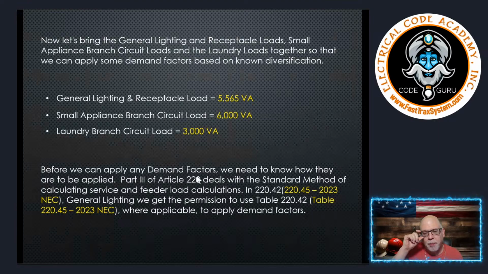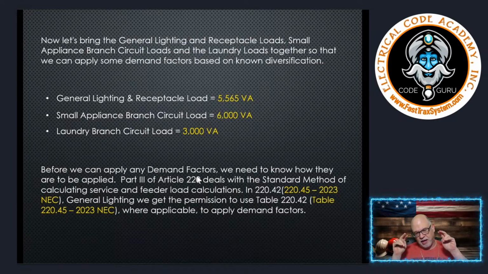Under Part 3, which we refer to as the standard method, it really doesn't call it that in the NEC. It's just the method, Part 3, whereas Part 4 is the optional method. To differentiate the two, we just call it the standard method.